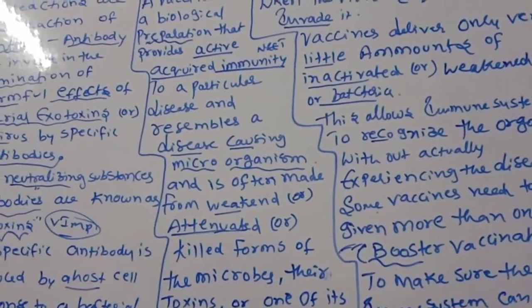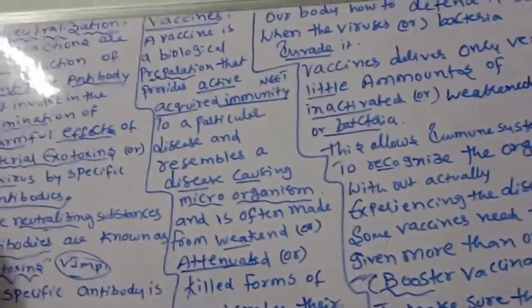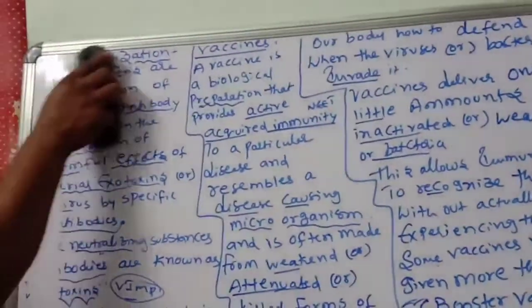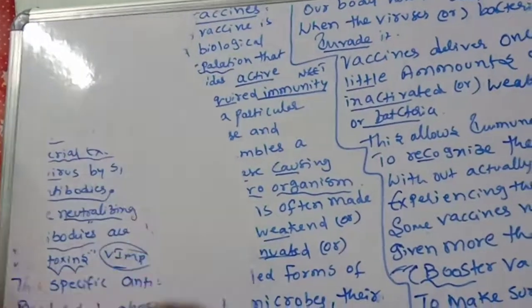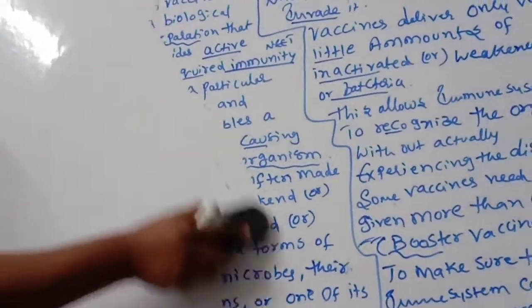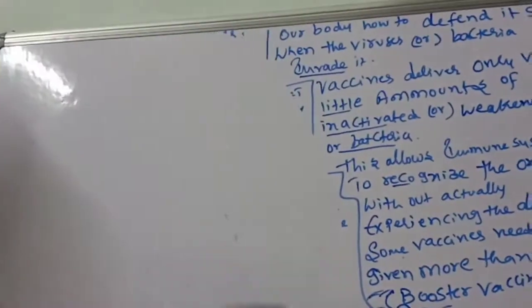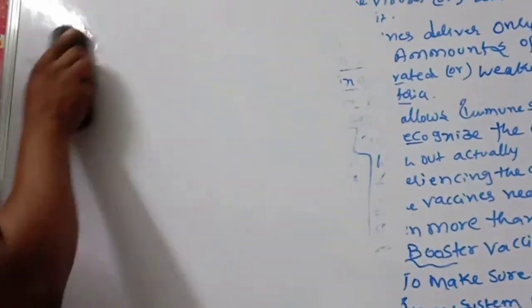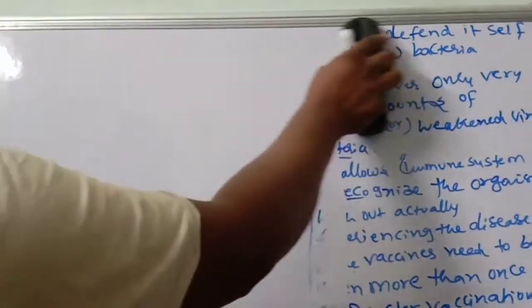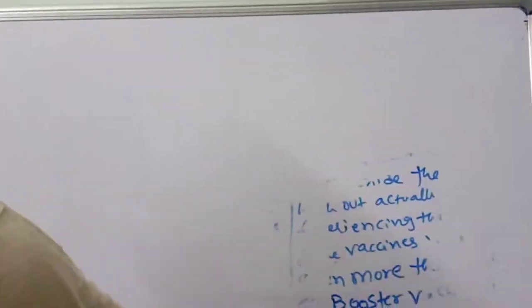Okay, children, there are different types of vaccines. We are going to discuss them now.